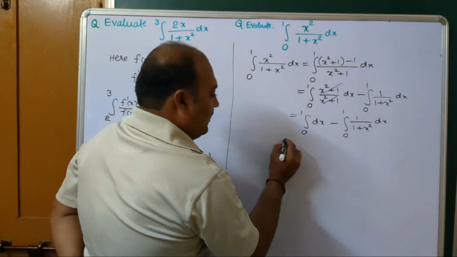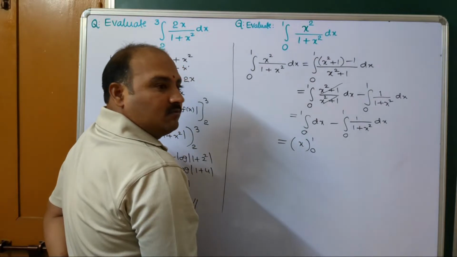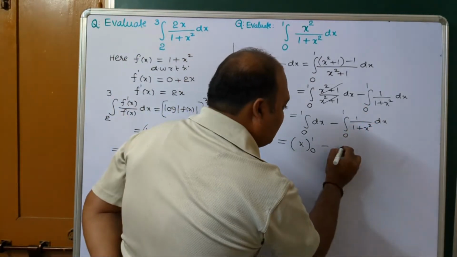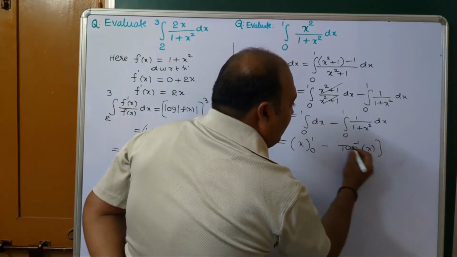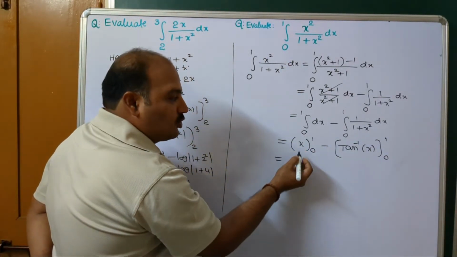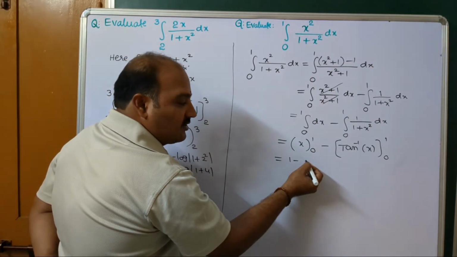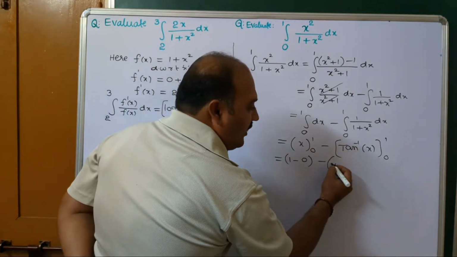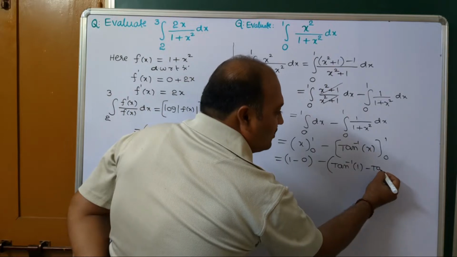Integral dx is x, applying the limits 0 to 1, minus integral 1 by 1 plus x square, which is tan inverse x, applying the limits 0 to 1. Substitute the upper limit first, 1, minus the lower limit 0: 1 minus 0 minus tan inverse of 1 minus tan inverse of 0.